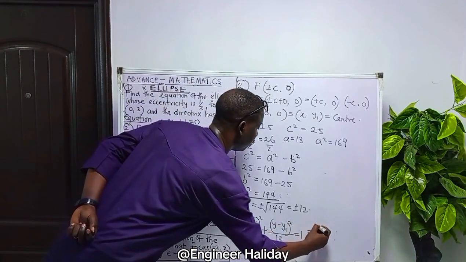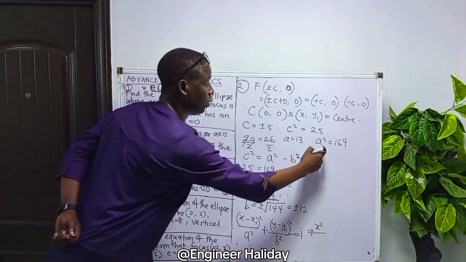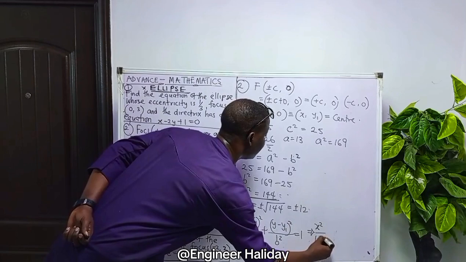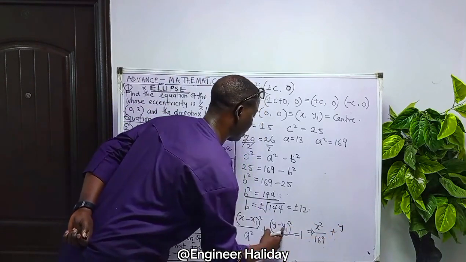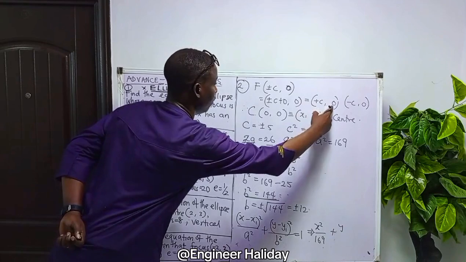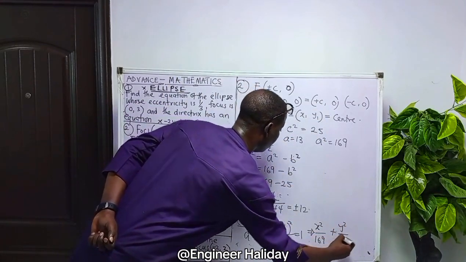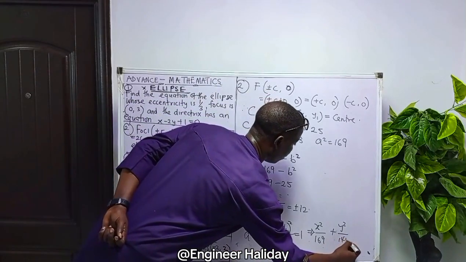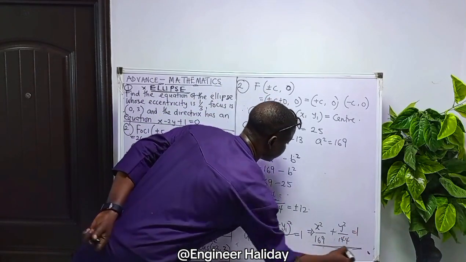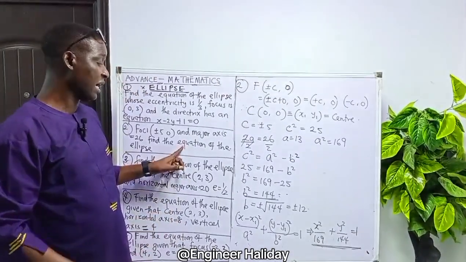So it will end up giving us x squared over a squared, which is 169, plus y minus 0, since y1 is 0 also, so you have y squared all over b squared, which is 144, equals 1. So that is the equation of the ellipse for this one.